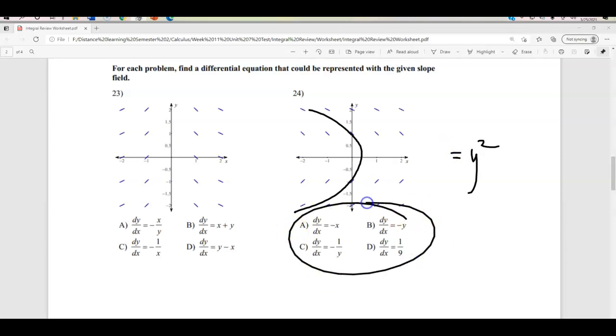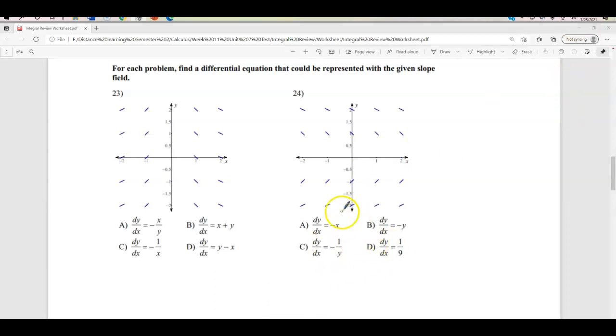Now, it's not any of these because these are derivatives. But the other thing you could do is look at the shape. If you follow the slopes and it looks something like this, then you think, oh, then that one must be a sine function of some kind. So instead of matching it to the derivative function, you could match it to the original function if they give you those options. But those are the two main types of questions.